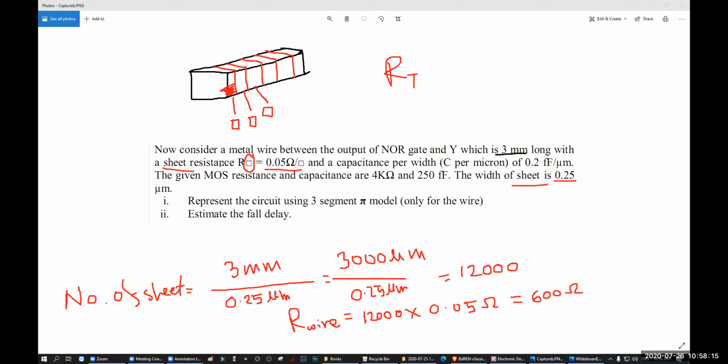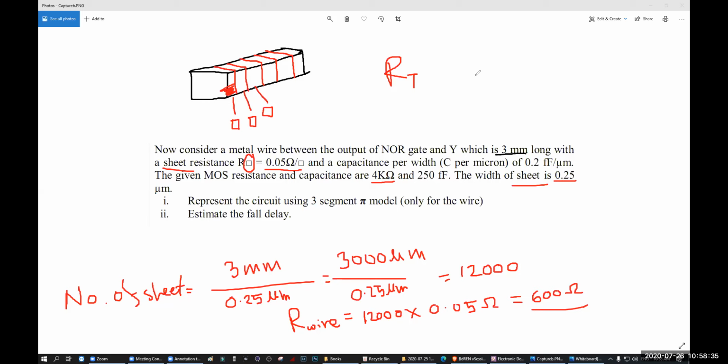They could just say that wire resistance is 600, like the way they say the MOS resistance. MOS resistance 4 kilo, wire resistance 600. They could have said that, but they didn't. They gave you a puzzle. Got my point? Yes. Okay.